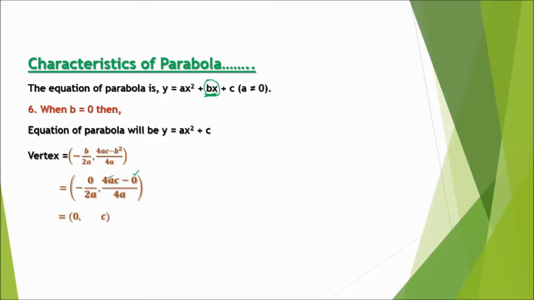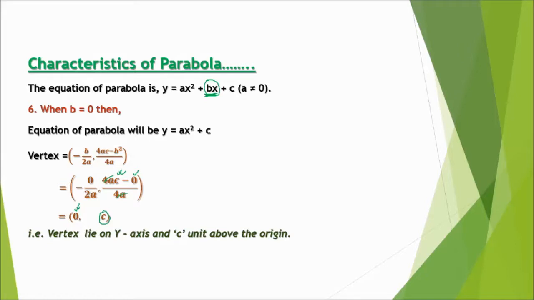You can cancel 4a and 4a. Then we are only going to get c. So this is the vertex, and with it we can easily guess that the vertex lies on the y-axis because the x component is 0, the x coordinate is 0. That means the vertex lies on the y-axis, and c units above the origin. As the value of c is positive, the vertex lies c units above the origin.